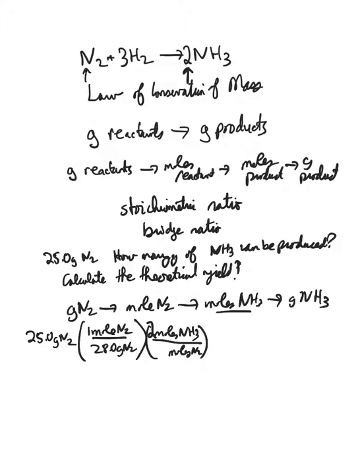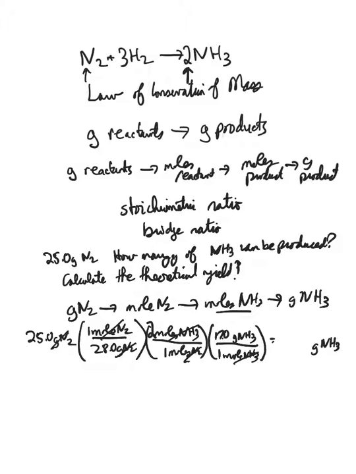So I need a 2 in my numerator. So 2 moles of ammonia to 1 mole of nitrogen. And now I can convert to grams of ammonia. And that 1 mole of ammonia is the same as 17.0 grams of ammonia. And so grams nitrogen divided by grams nitrogen cancels. Moles nitrogen divided by moles nitrogen cancels. Moles ammonia divided by moles ammonia cancels. And I'm left with grams of ammonia, which is my desired unit.